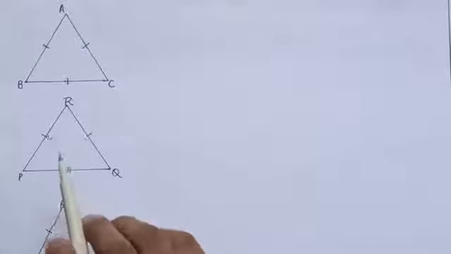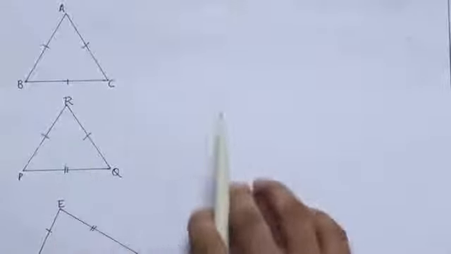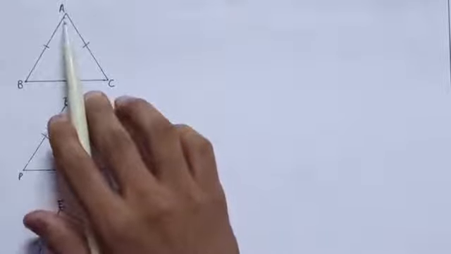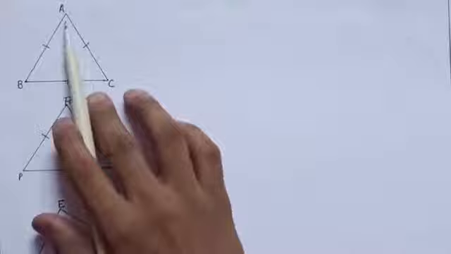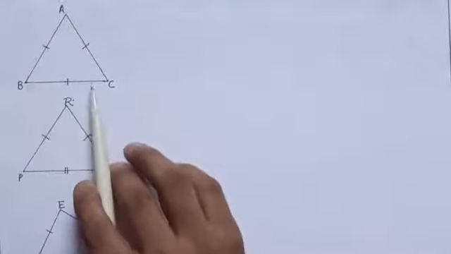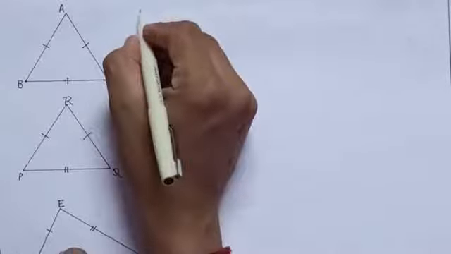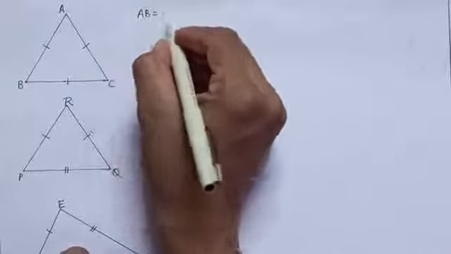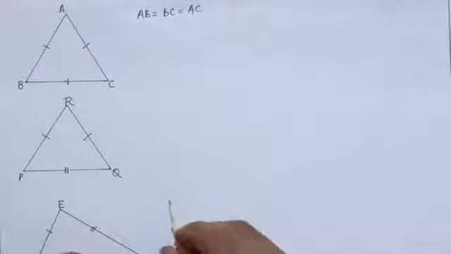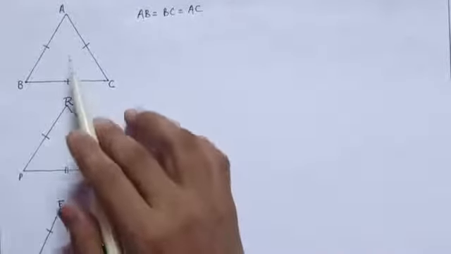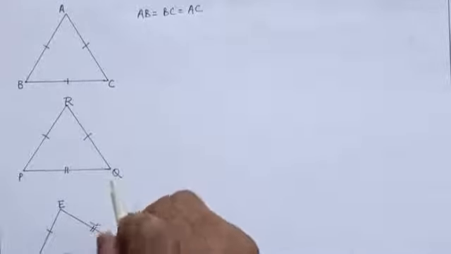Now first we will see the types of triangle based on the length of their sides. When you observe this triangle ABC, you can see the lengths of all the sides, that is AB, BC and AC, are equal. That is, AB equals BC equals AC. Such a triangle in which all the sides have the same length is known as an equilateral triangle.